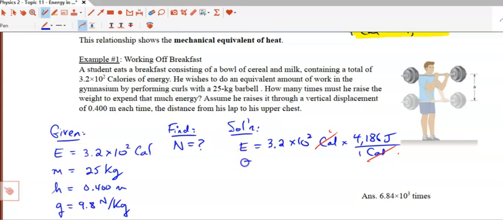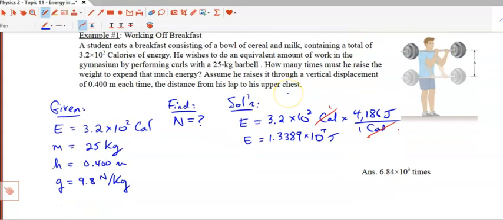So our energy is 1.3389, if you want to keep all the digits, times 10 to the power of 7 joules. Now, one repetition: let's say he lifts the mass one time. The change in potential energy is just mgh, if you recall. But of course, we want the total amount of energy, so we're going to multiply by the number of times that he does that.